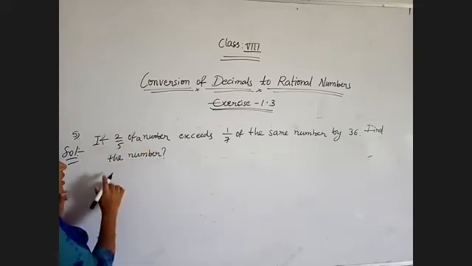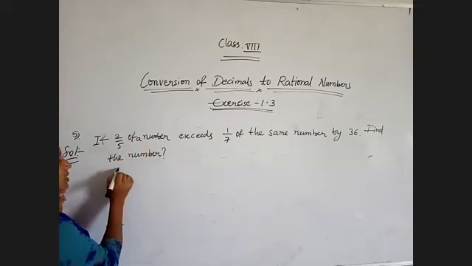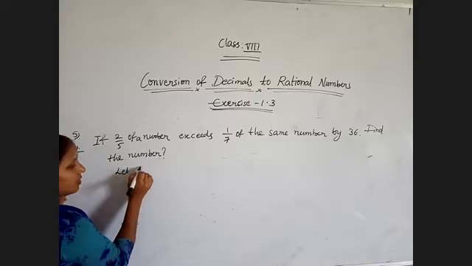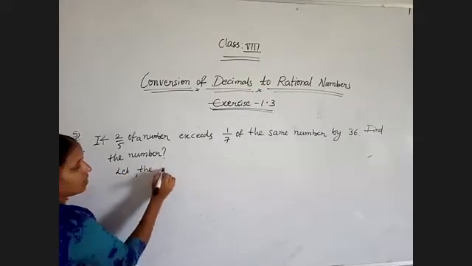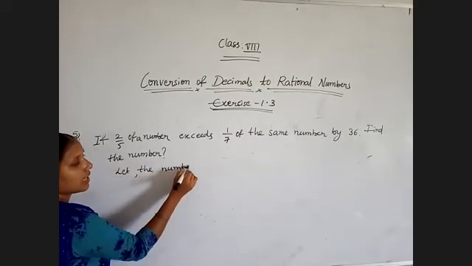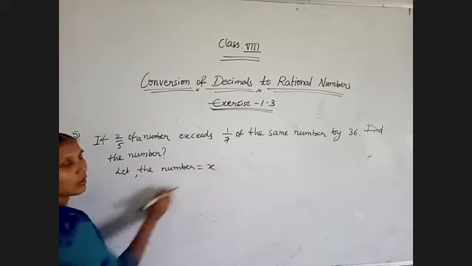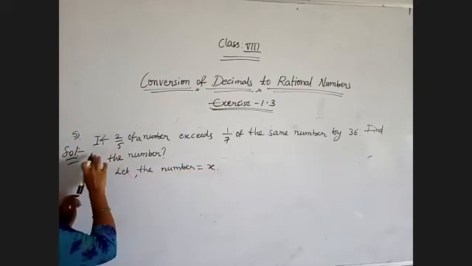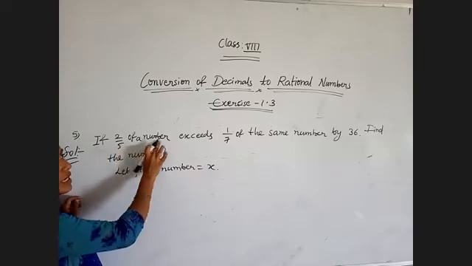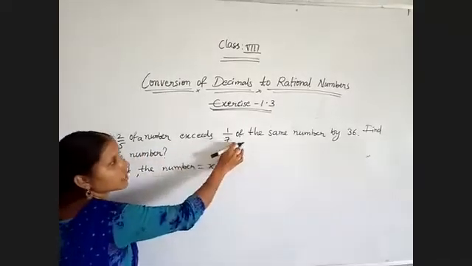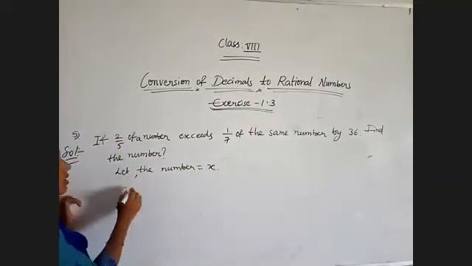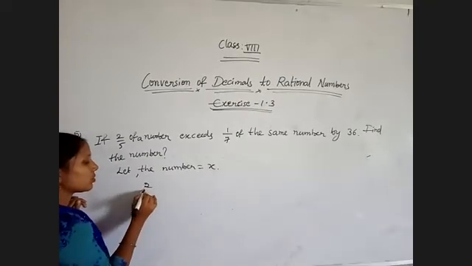Now first step: let the required number be equal to x. Now what is the statement given? 2/5 of the number exceeds 1/7 of the same number by 36. So 2/5 of the number in the sense 2 by 5.